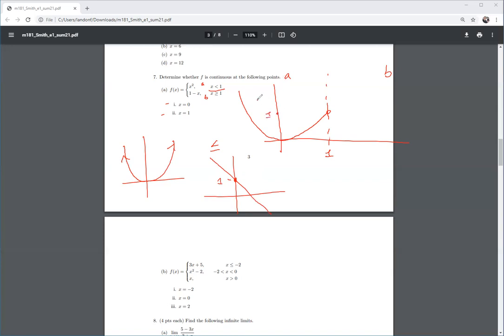The function goes through here, and I think it would actually go through this point as well. But we're going to scratch everything on the left-hand side, so it just ends up being this. Now this is our function. So is it continuous at 0, you think?